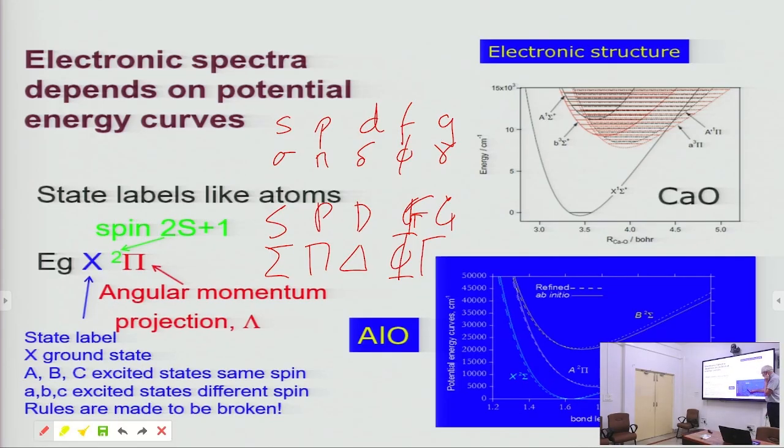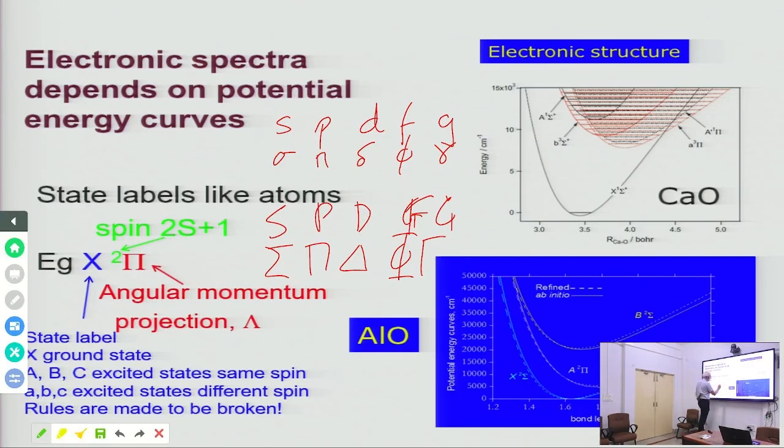Sorry, I should talk about degeneracy. So the sigma states are not degenerate. There's just one version. All the other ones are doubly degenerate.